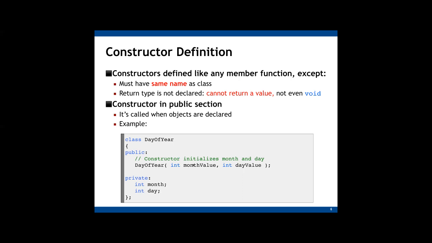So this is a constructor. Note that the constructor is placed in the public section of the class. In general, you should make the constructor public. If you make the constructor private, you cannot create an object of that class. I will come back to the private constructor in a later slide.